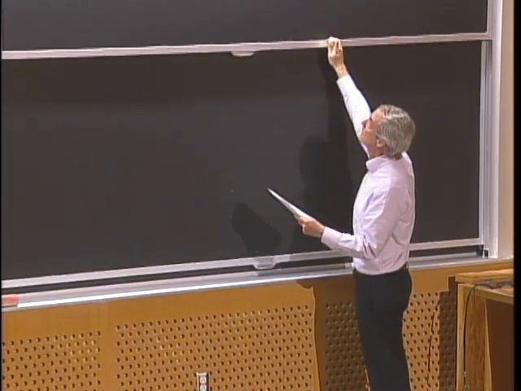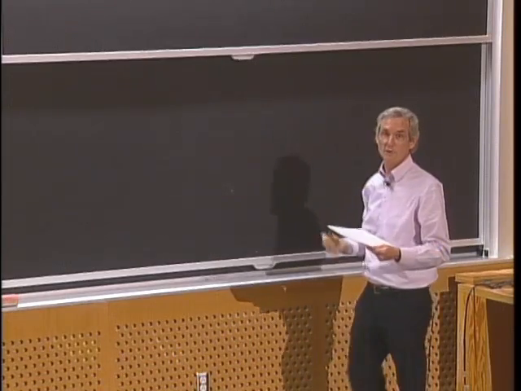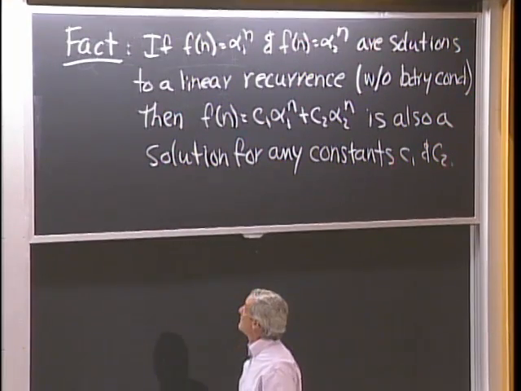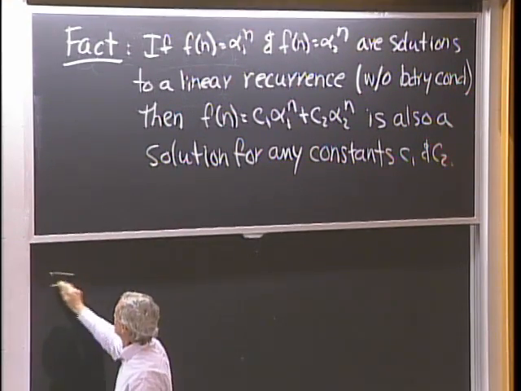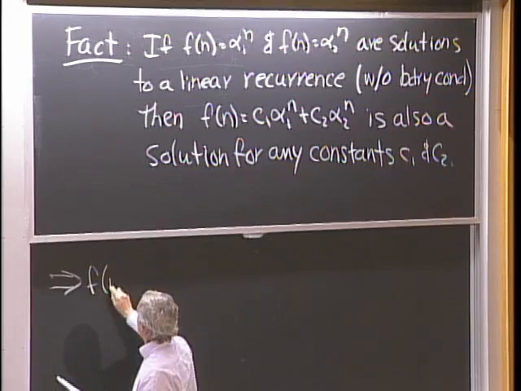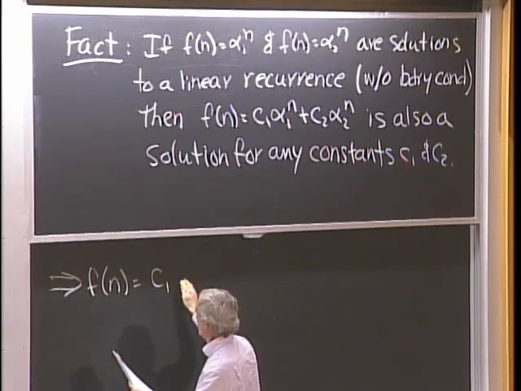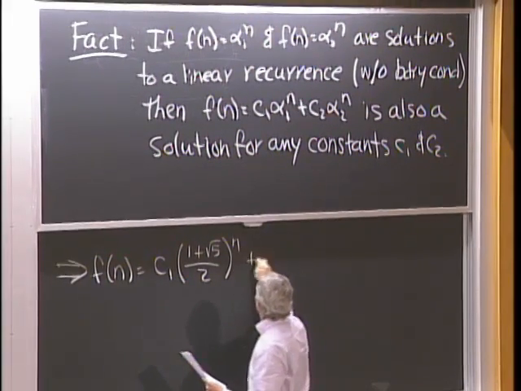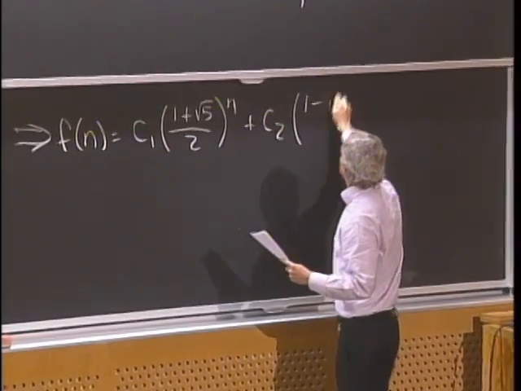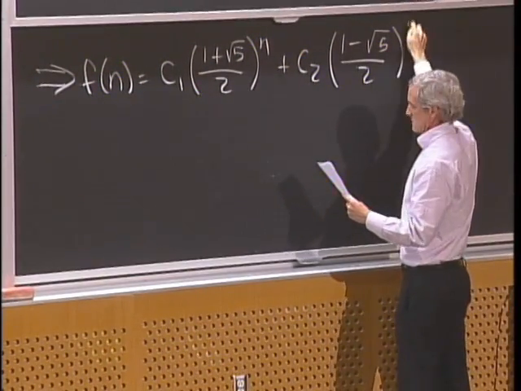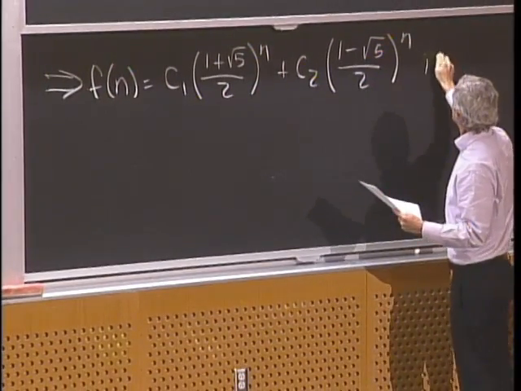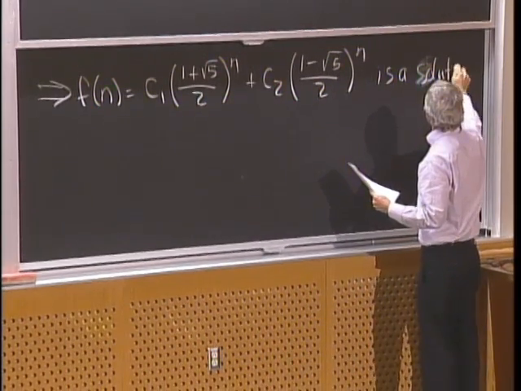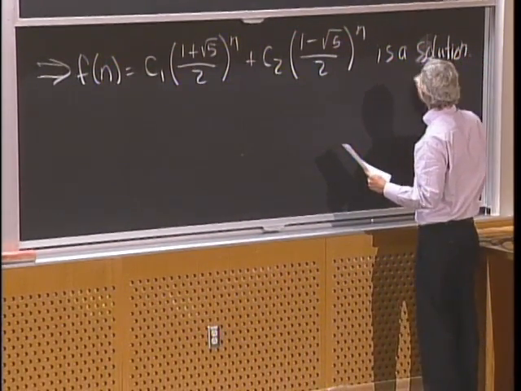All right, so any linear combination of our solutions also works. If you plugged it in to verify, it would be fine. So that means that f of n equals c1 times ((1 plus square root of 5) over 2) to the n plus c2 times ((1 minus square root of 5) over 2) to the n is a solution to Fibonacci's recurrence without boundary conditions, again.